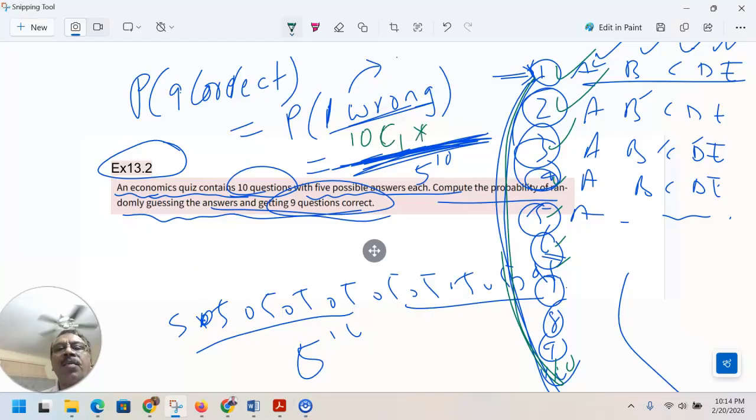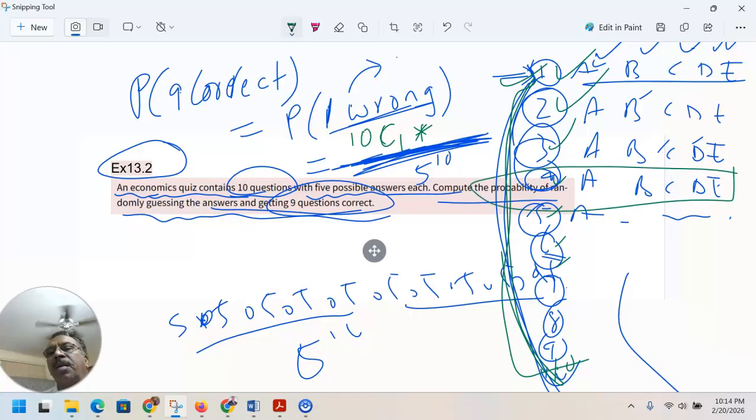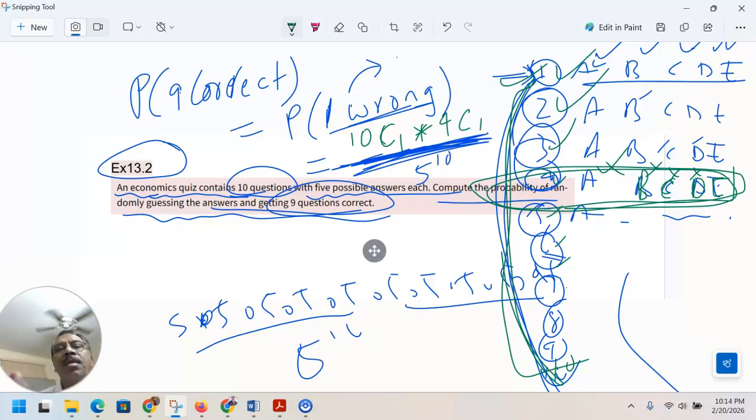And then after that, let's imagine out of these 10 questions, the fourth was the one. I'm just imagining this was the one. But in this case, there are five choices, right? From five choices, there is one correct, but you chose the wrong one. There are four wrong here. So from four, you select one.